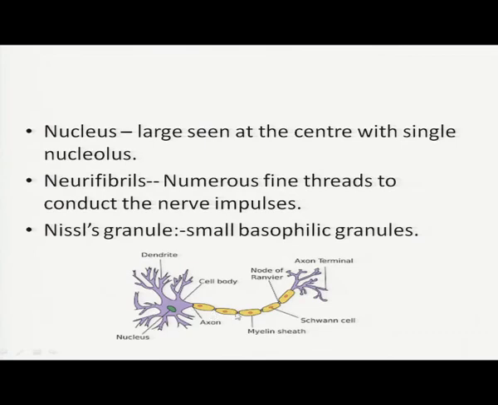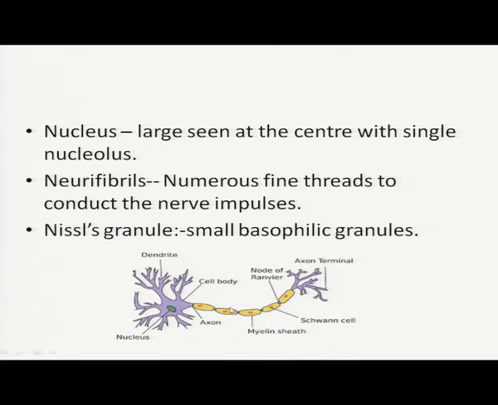Now, here you can see a long branch, and this long branch that arises from the cytone is known as axon. The branch of axon is known as axonite. Since the branch of dendron is known as dendrite, the branch of axon is known as axonite.